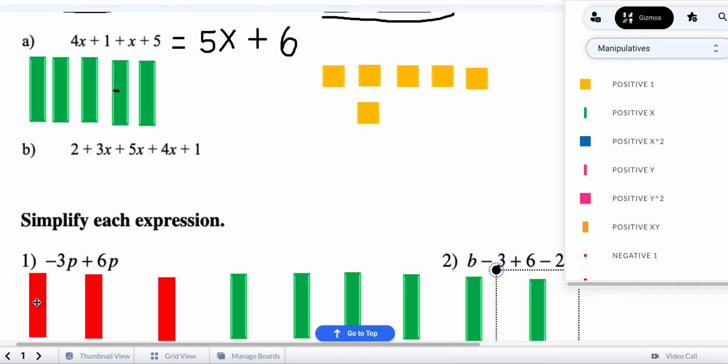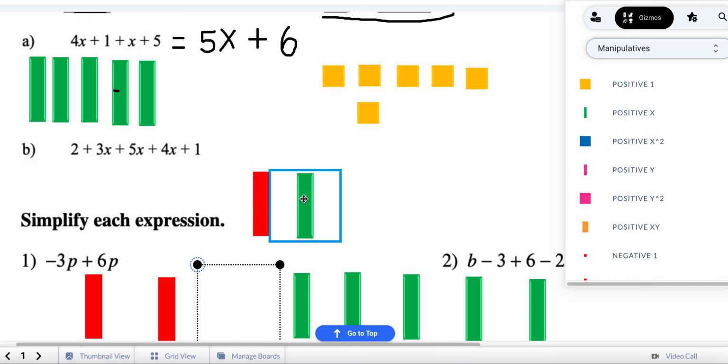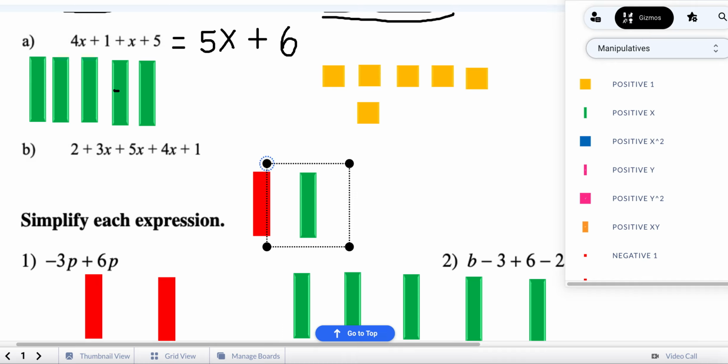A positive and a negative, they're not the same. They're actually called opposites. And what do we know about opposites? Opposites cancel each other out, which means that this negative here and this positive cancel, and when they cancel, they become 0. So a negative and a positive disappear. I'm going to do the same for the other one because I have 2 more.